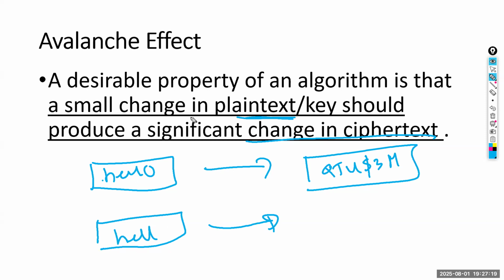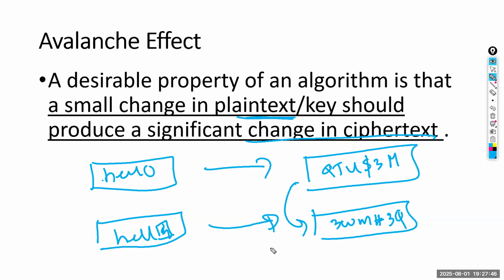So if your algorithm follows the avalanche effect, though this is just one character change or missing, this must be a completely different text now. Say 3W hash 3Q or something. So though just one character is missing, the ciphertext has changed to almost something new. That is called the avalanche effect.